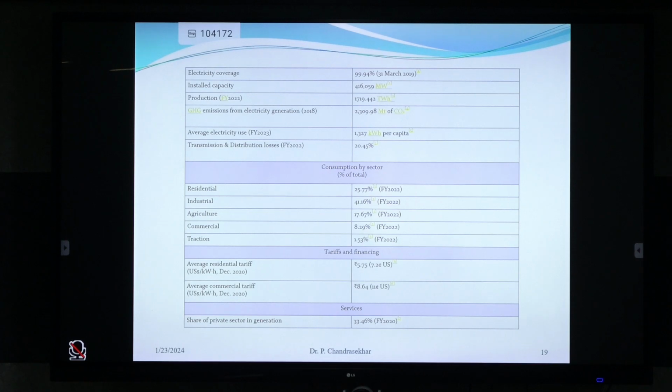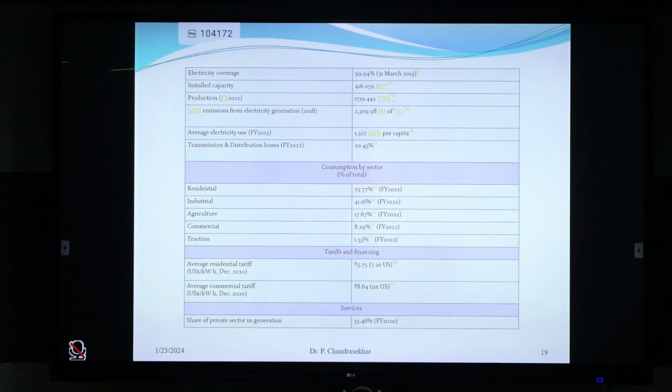Transmission and distribution losses in our country, we call them aggregated technical and commercial losses, are about 20%. In this 20%, the technical losses cannot be more than 12%. Means the rest, 8 to 9%, are basically commercial losses. Means the energy consumption is not being accounted for, or bills are not paid, something like that.